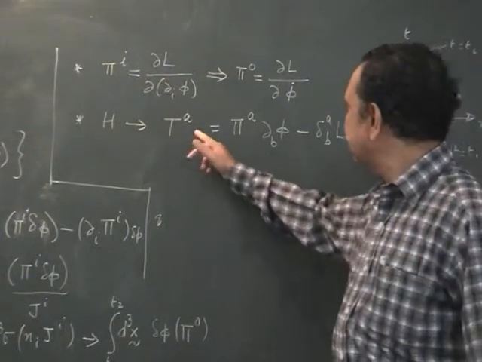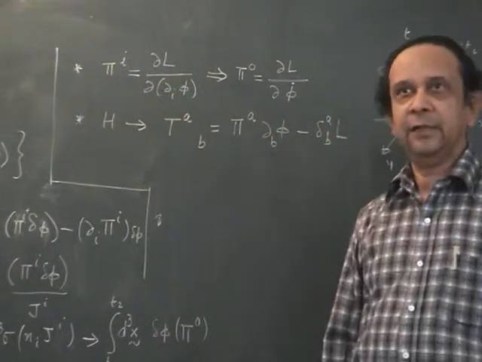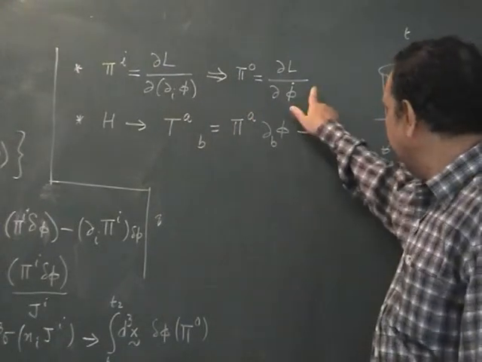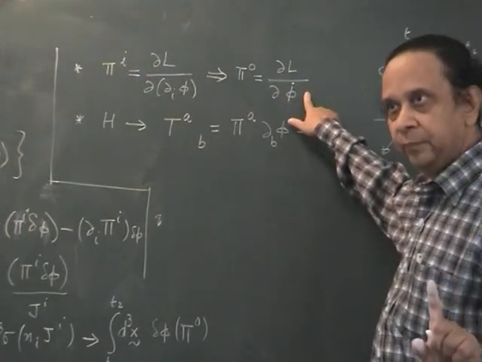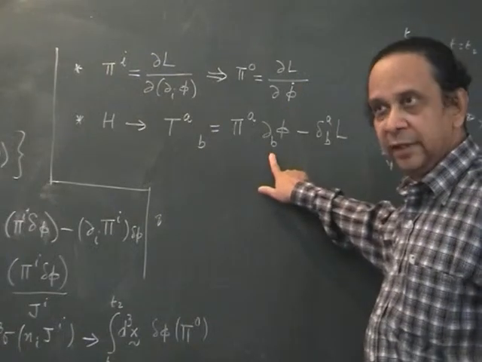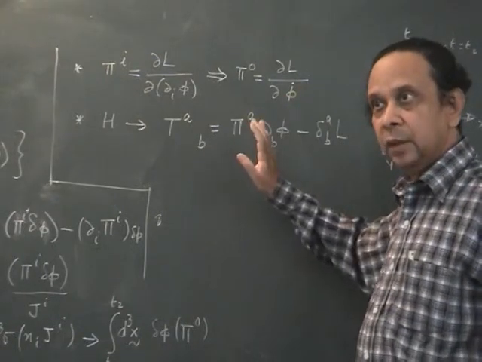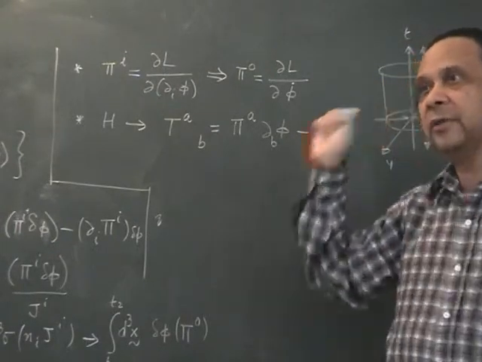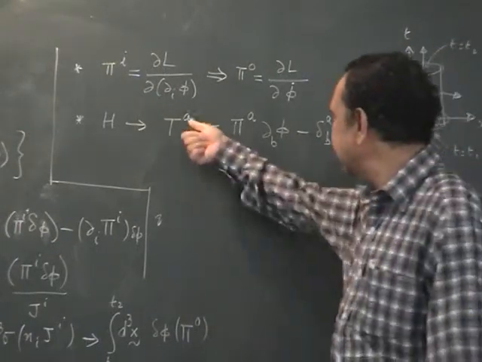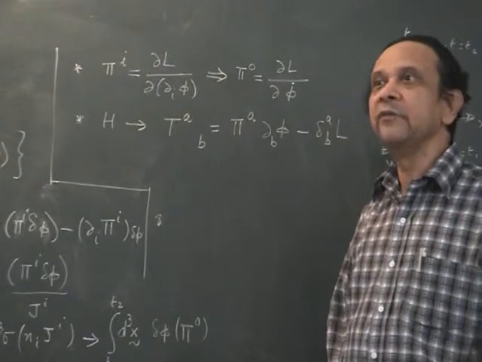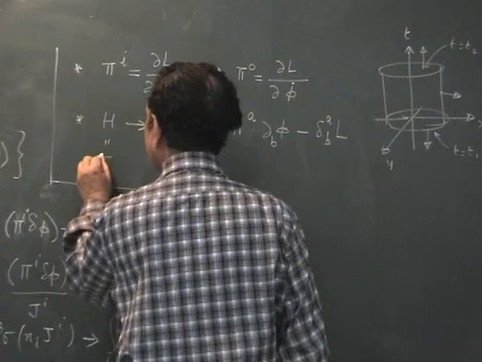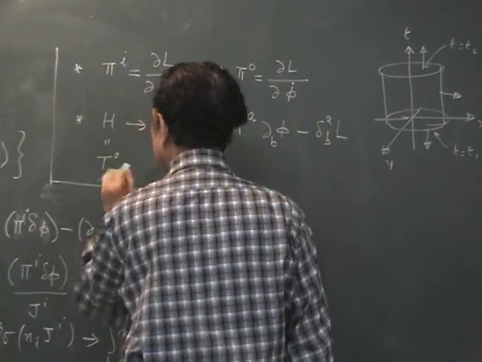For example, suppose I look at the 0,0 component. Then I would have pi 0 here, which we know already is like P. There is a d_0 here, which is like Q dot. So it is PQ dot. This is 1. So PQ dot minus L. So your T^00 is going to give you the Hamiltonian. That is, your H actually is going to be equal to your object T^00.